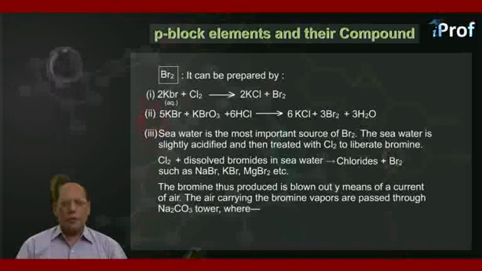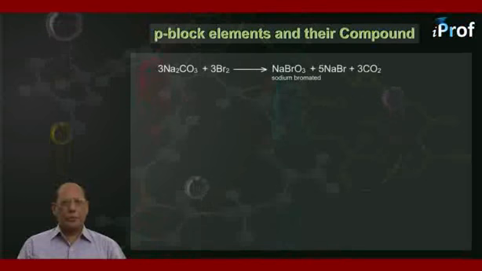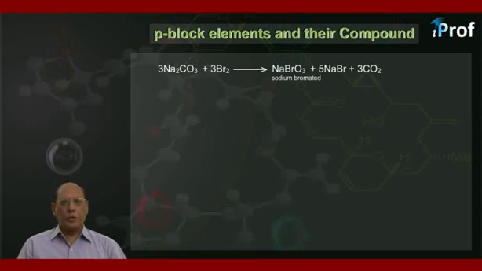The air carrying the bromine vapors is passed through sodium carbonate tower where the following reaction takes place: 3 Na2CO3 plus 3 Br2 giving NaBrO3, that is sodium bromate, plus 5 NaBr plus 3 CO2.